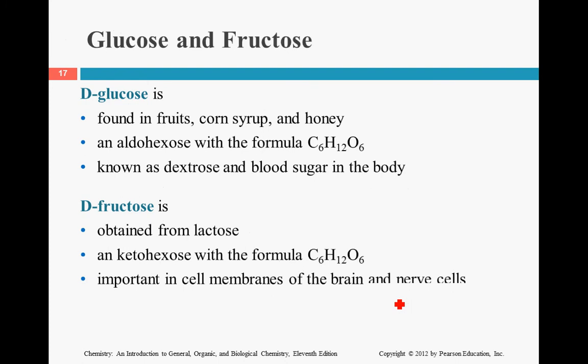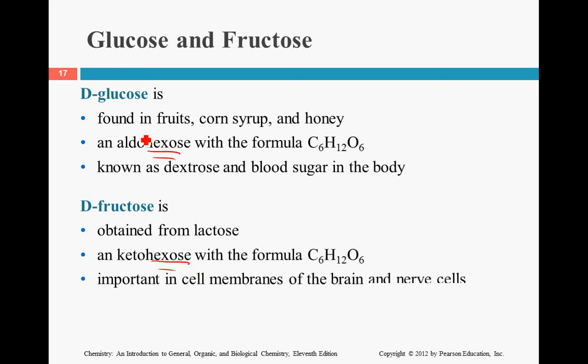Now, when we're looking at glucose and fructose specifically, there are 3 monosaccharides that we have to keep in mind: glucose, fructose, and galactose. The first 2 are glucose and fructose. They're both hexoses, which means they both have 6 carbons.